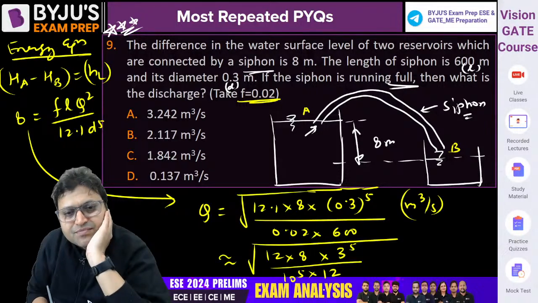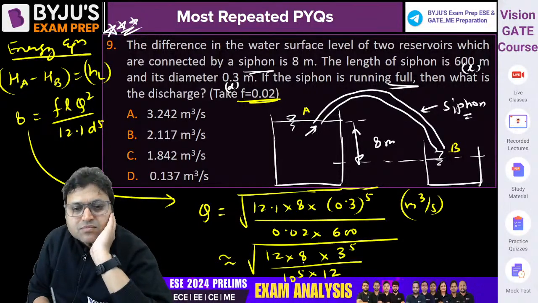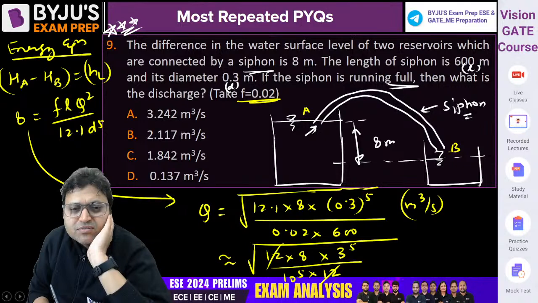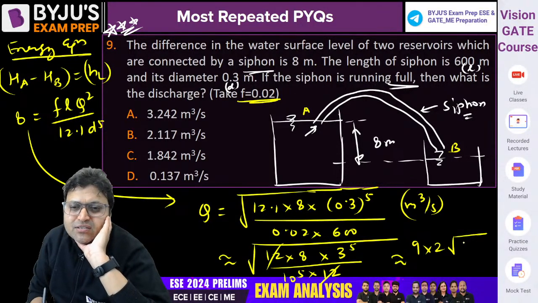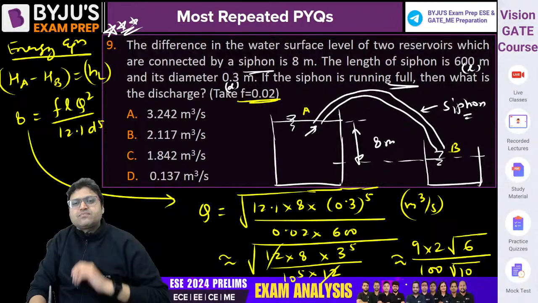So this 12 gets cancelled out. So it will be around 3 square 9 into 2 under root of 2 into 3, 6 upon 100 into root 2, root 10. Isn't it?